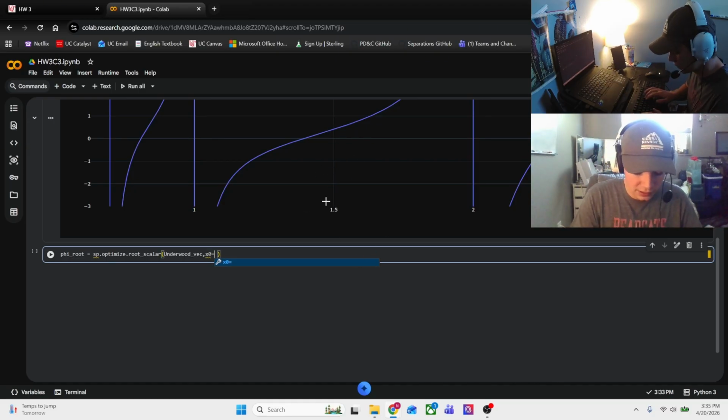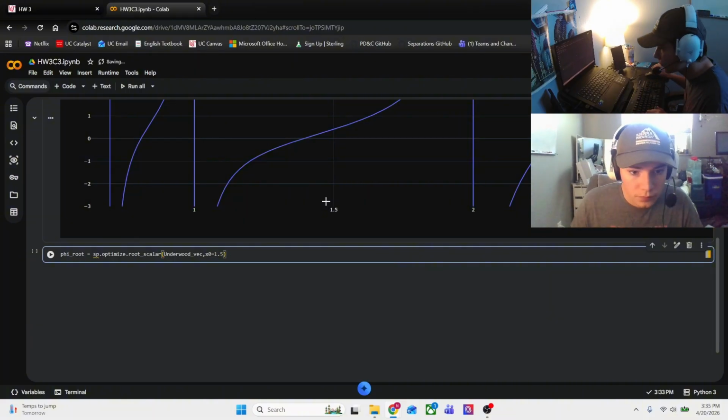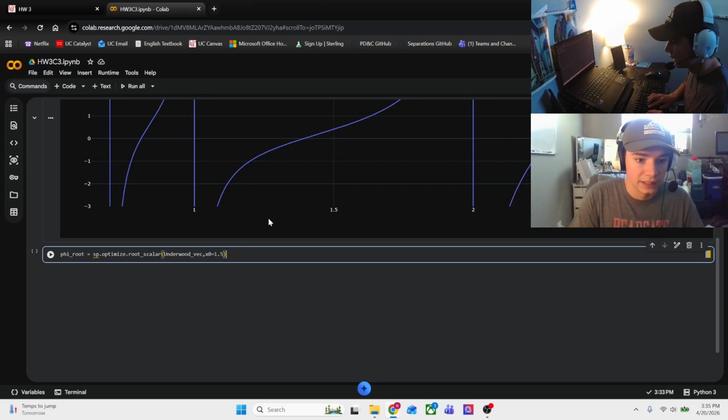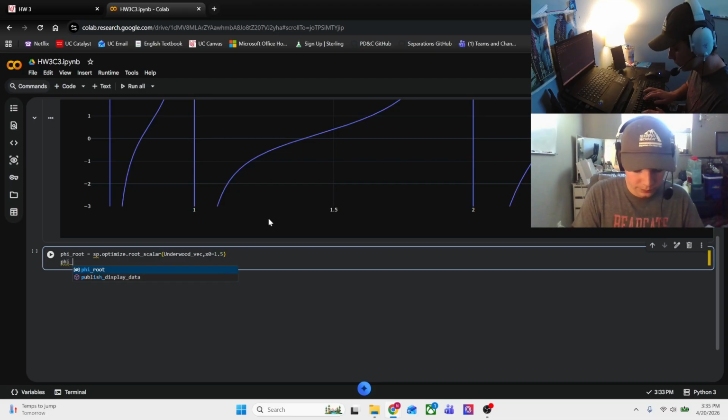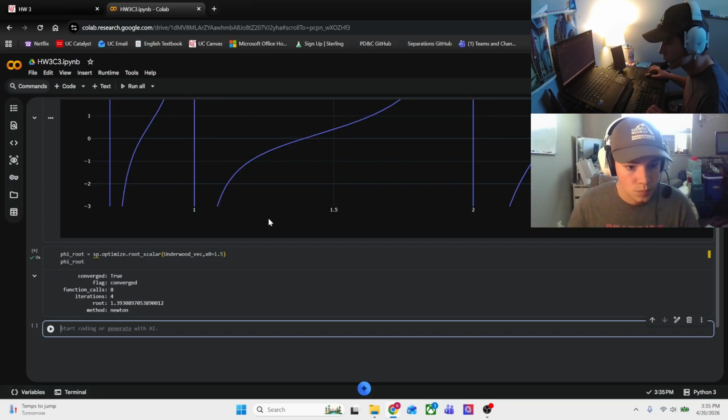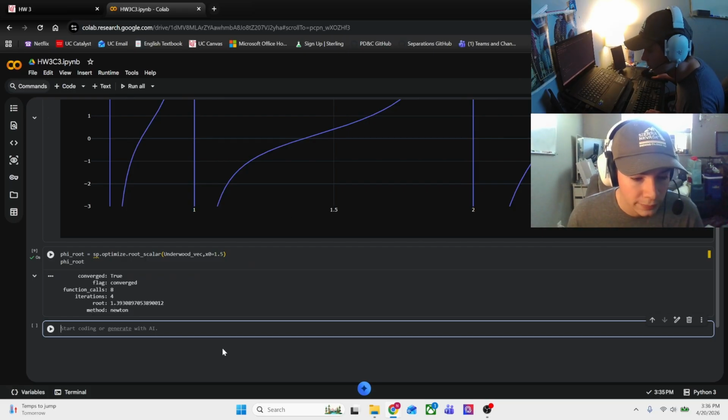So we're going to have our x0 equal 1.5. Then let's spit out that value. Perfect. That looks all good.